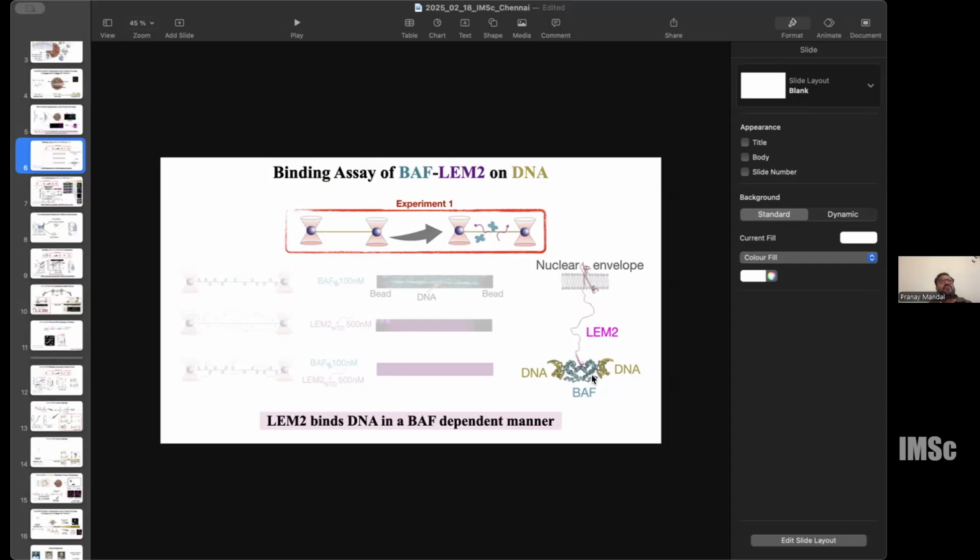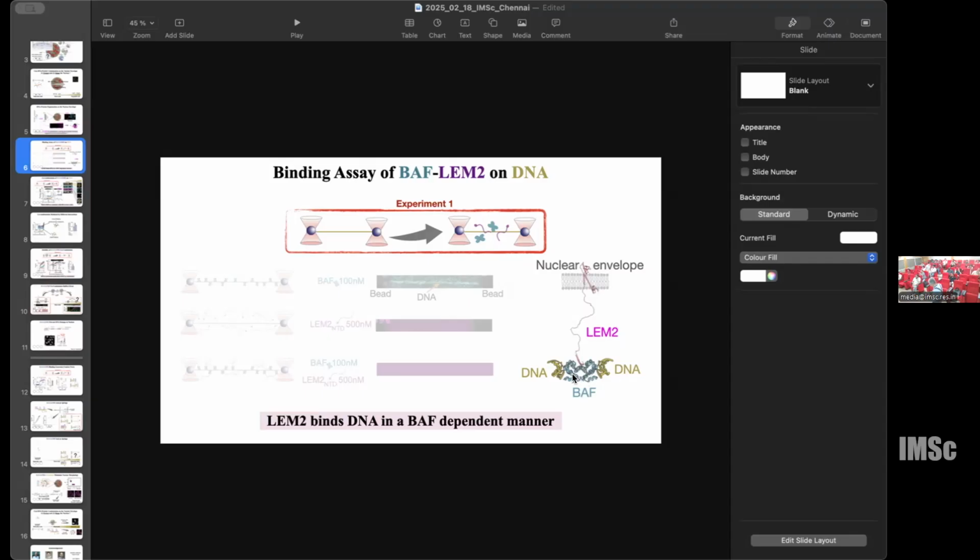BAF binds to the minor groove of the DNA, and under the stretch condition we also quantified that BAF binds every six base pairs of the DNA. He's asking where LEM2 binds on BAF. Is there a particular position on BAF? Yes, there is a LEM binding domain which binds to the dimeric BAF.